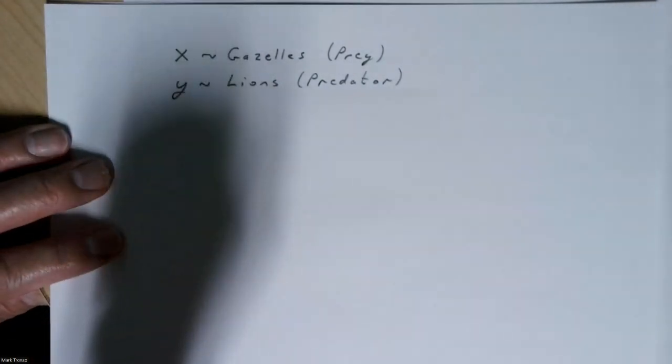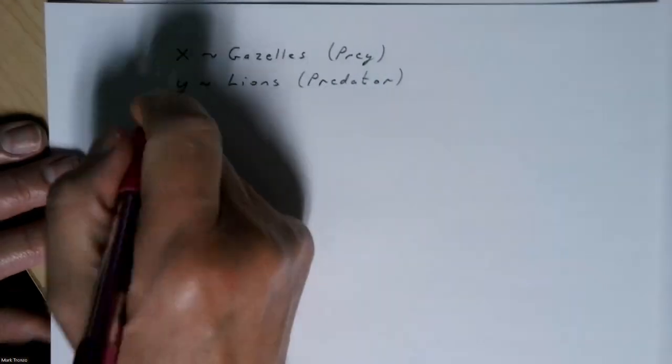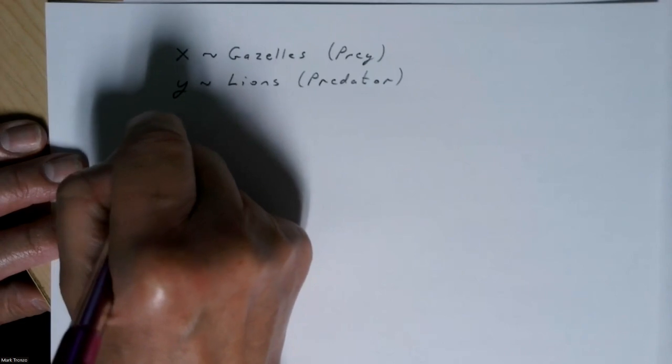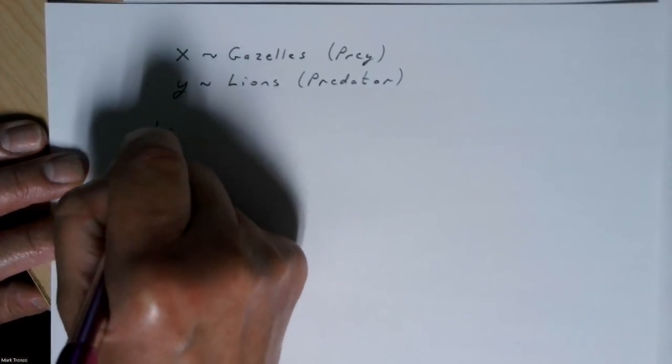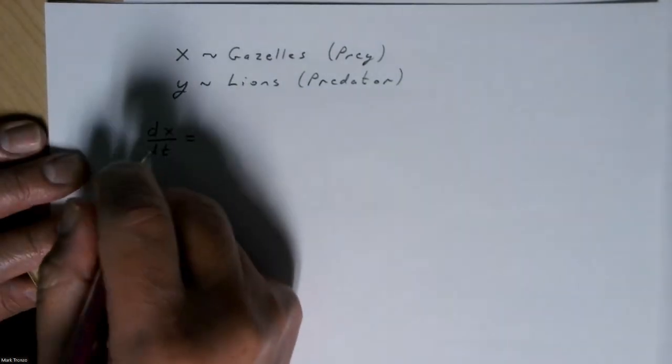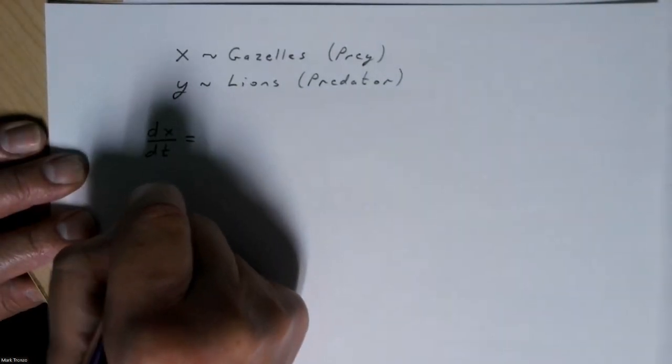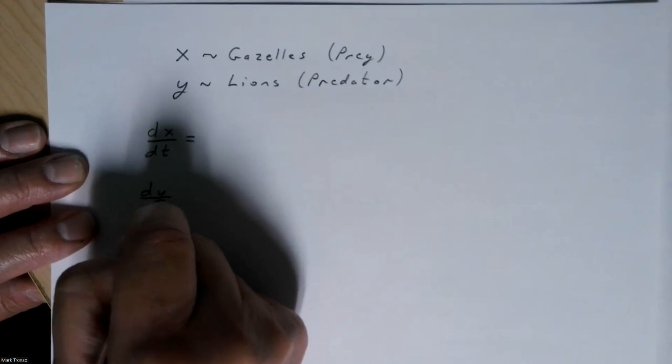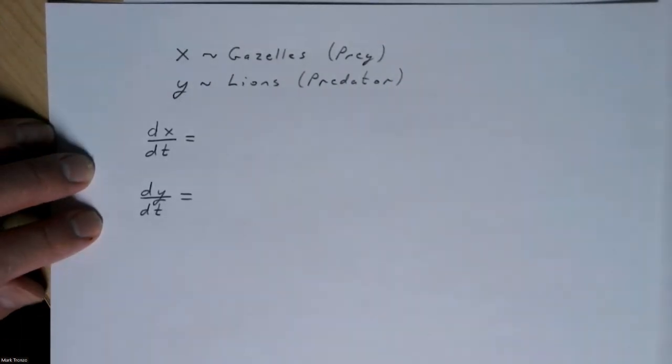And then, of course, the change in gazelles will be dx/dt, and the change in lions will be dy/dt.